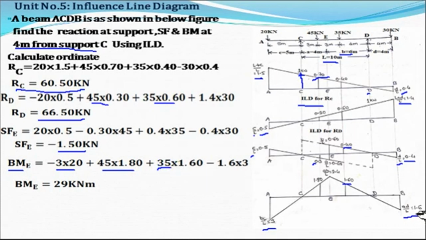Here the ordinate is on the negative side, so minus 1.6 into the point load. Here the point load is 30. So if you solve this, we'll get the bending moment at section E, that is 29 kilonewton meter.